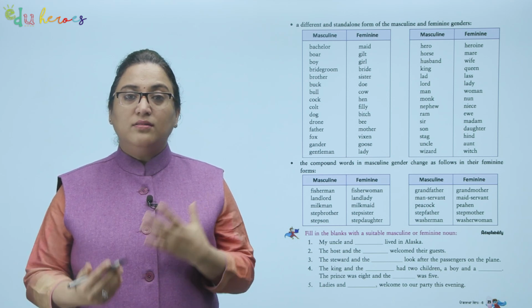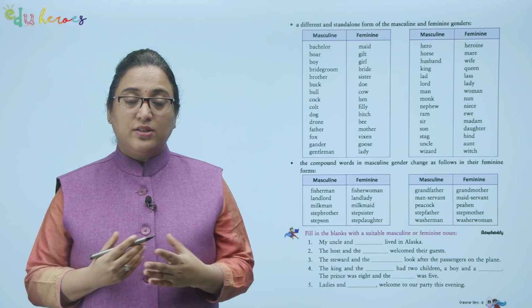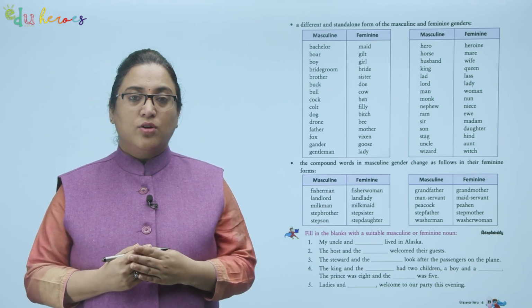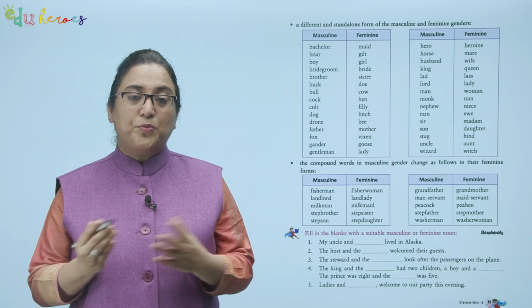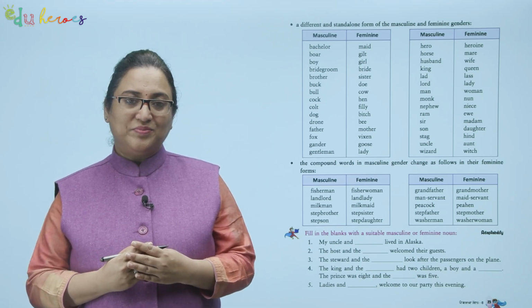You must learn these words, especially the new ones, the ones you are not familiar with, because these are used as it is. There is no option for them, right?